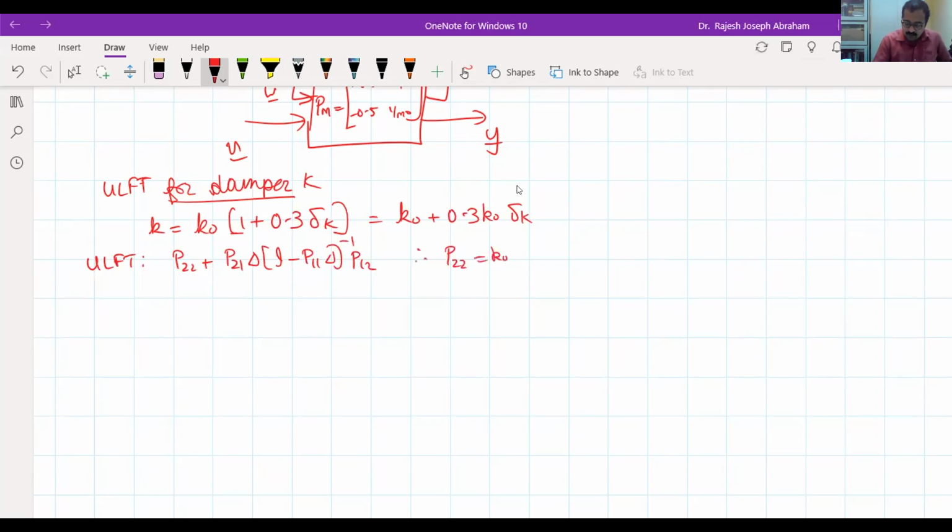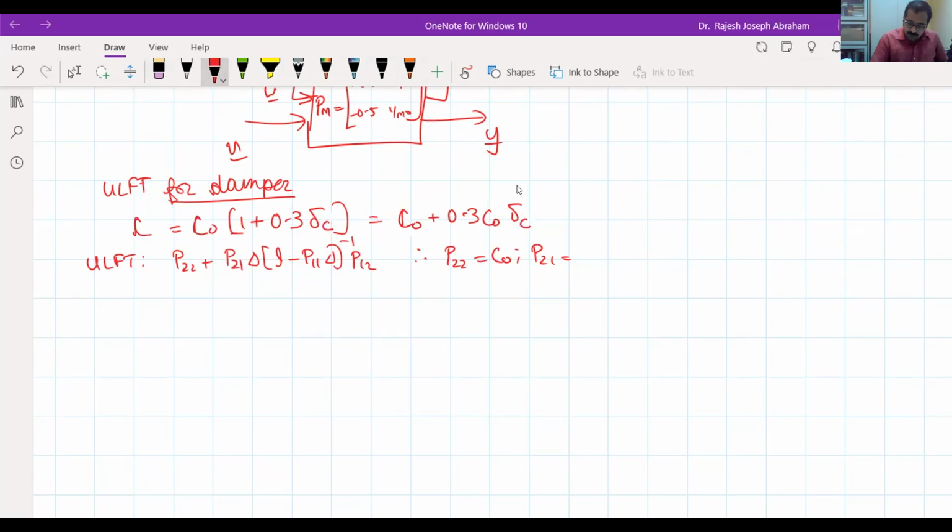P22 equals K naught. P21 equals 0.3. Sorry, the damper is C, not K. So C equals C naught plus 0.3 C naught delta C. P22 is C naught.